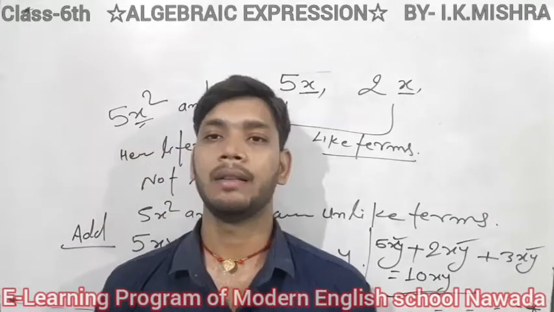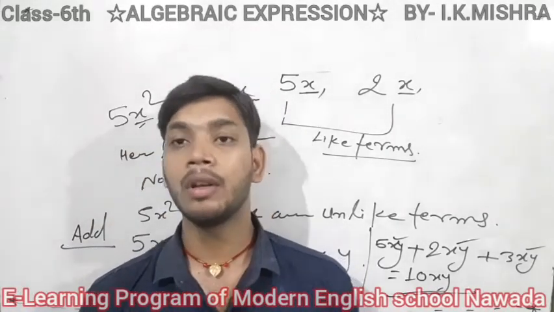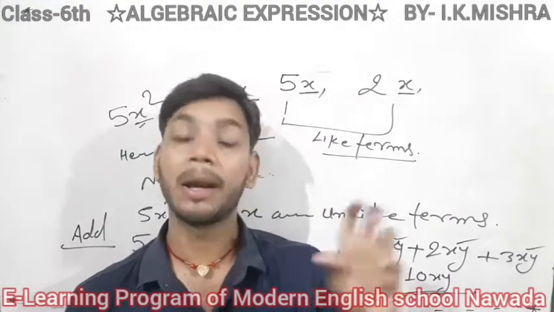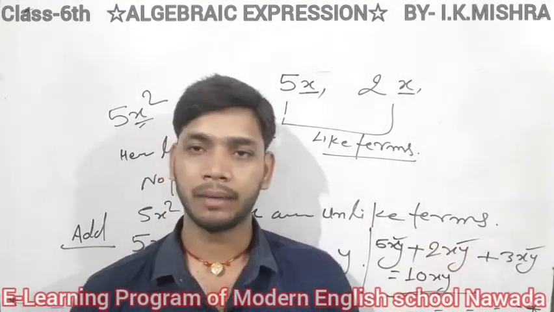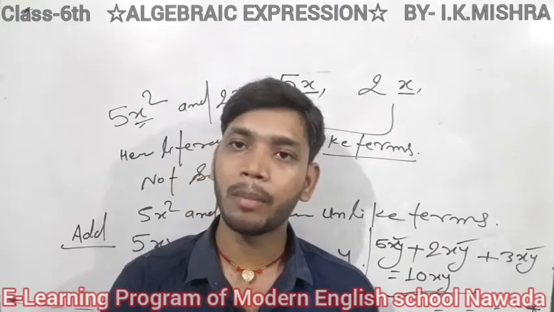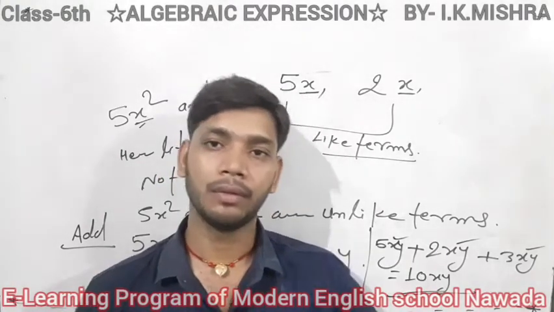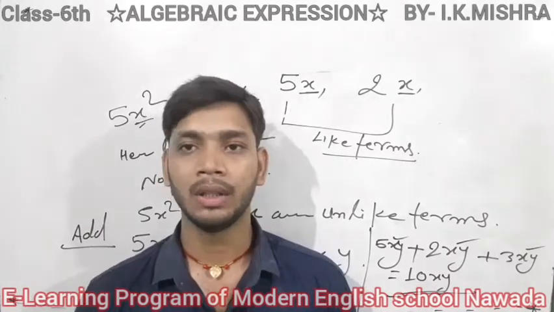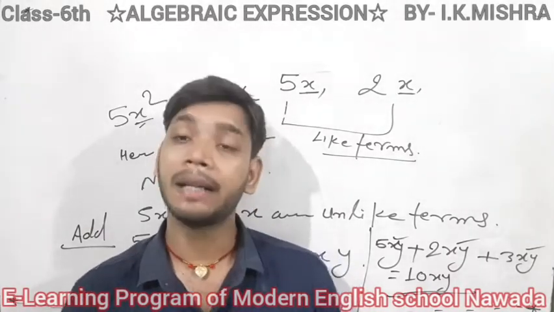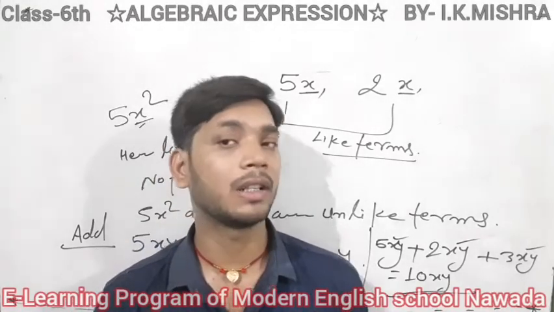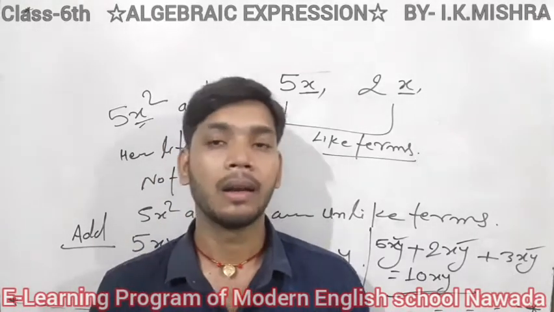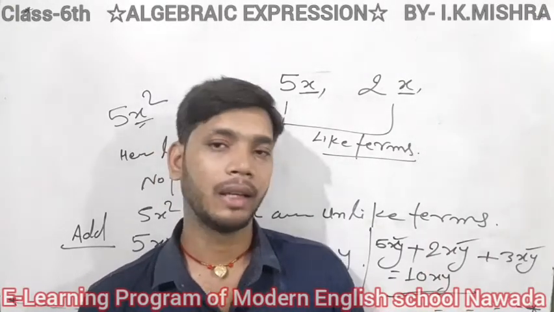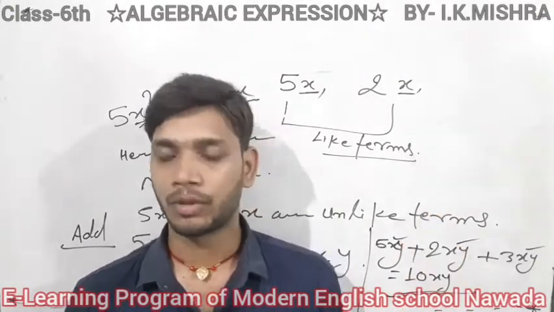That means in the sum of algebraic expressions we add only the numeral part, the numbers, but we add numbers only if these terms are like terms. So students, always notice addition and subtraction of algebraic expressions is only done in like terms. Addition and subtraction cannot be done in unlike terms.